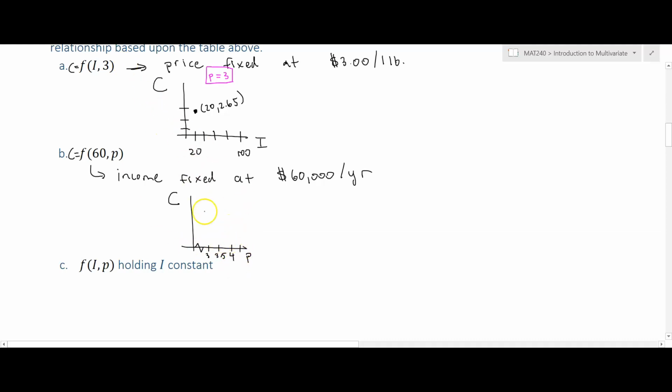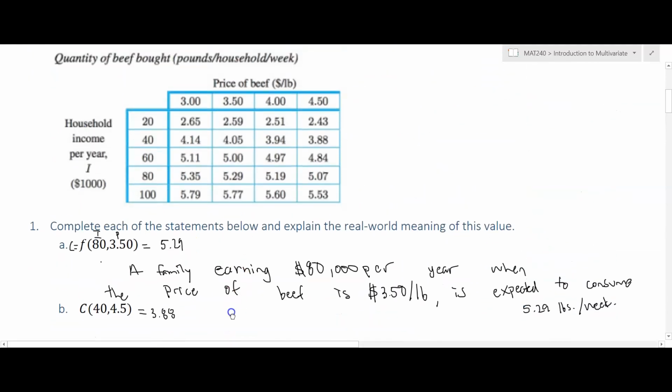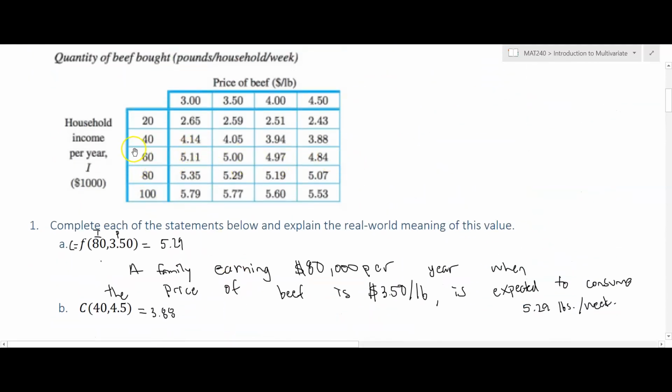And so now I could go ahead and say that this is only for when I is equal to 60, and I could produce the graph of the ordered pairs for price versus consumption. So remember, when we set I equal to 60, we're now focused in on these values and these values.